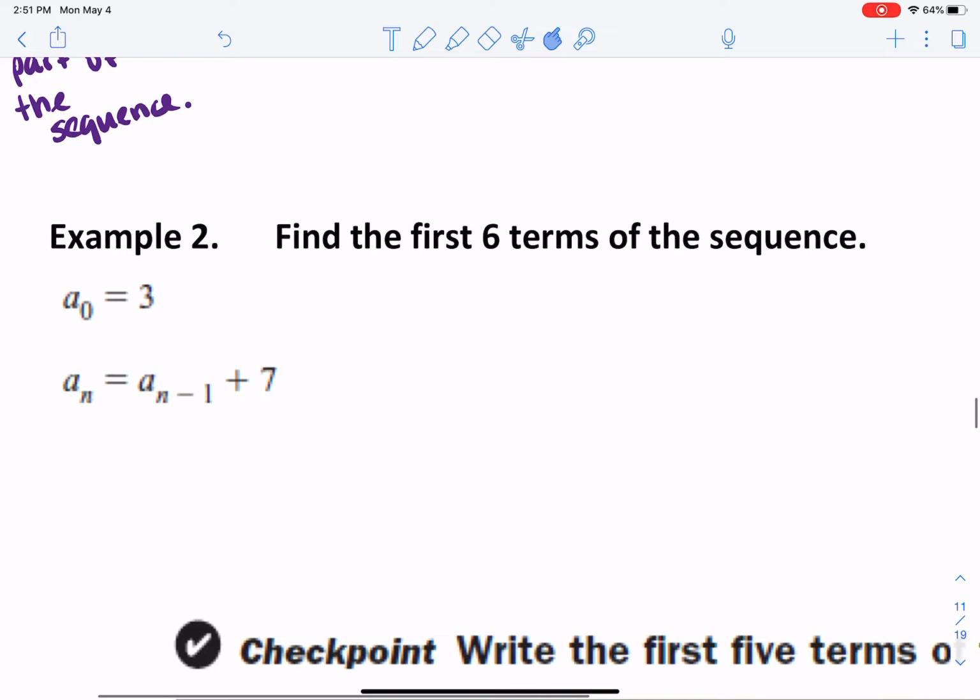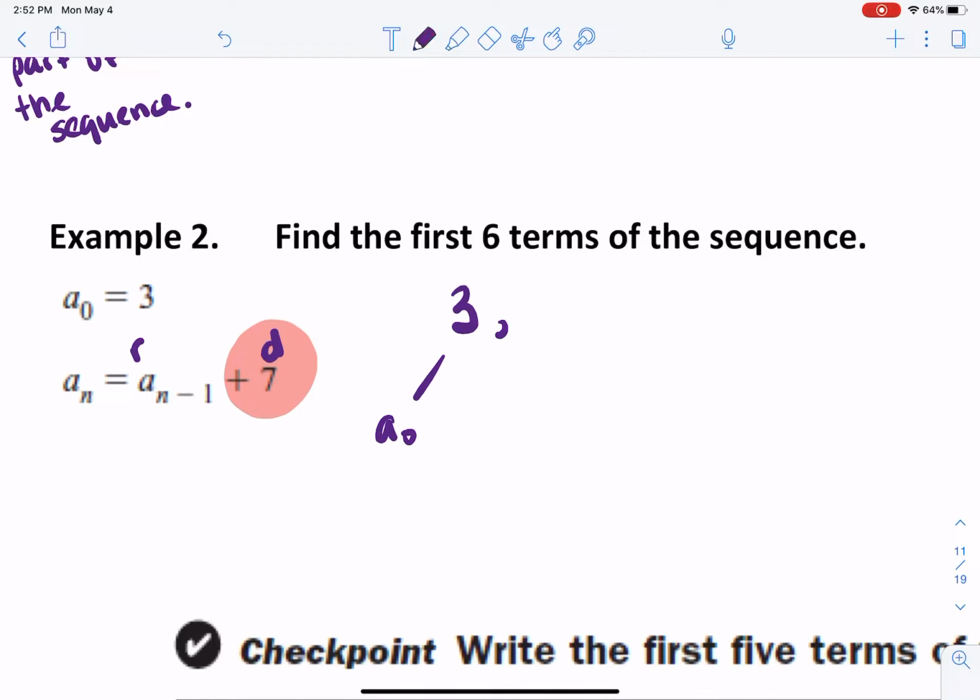So it says find the first 6 terms of the sequence. So it gave us something here. A sub 0, the 0 term is 3. So I'm going to write that down. Remember, a sub 0. Now let's look. What is it telling us to do each time? So I don't see an R, but I do see a common difference of adding 7.